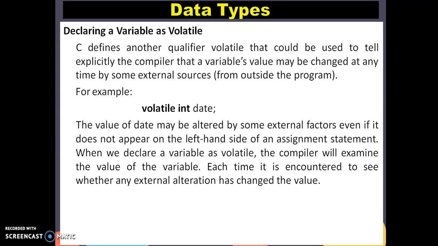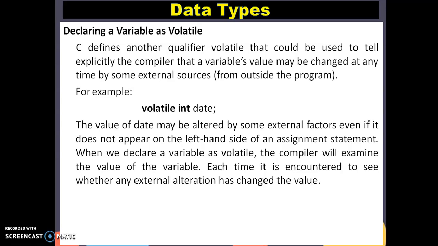Declaring a variable as volatile. C defines another qualifier, volatile, that can be used to tell the compiler explicitly that the variable's value may be changed at any time by some external source. For example, volatile int date; The value of date may be altered by some external factors even if it does not appear on the left hand side of an assignment statement.